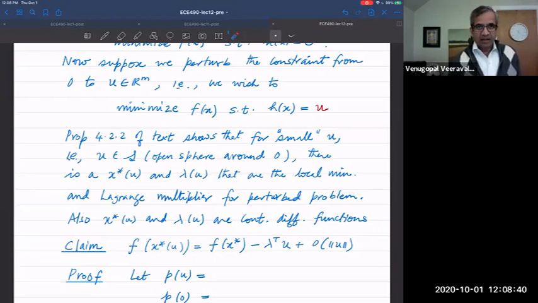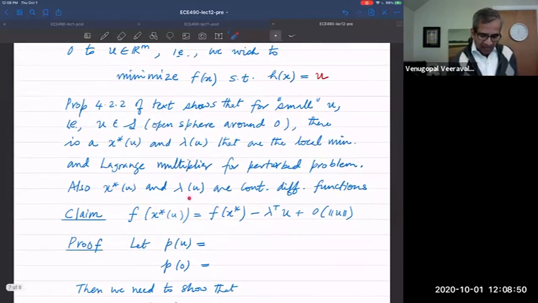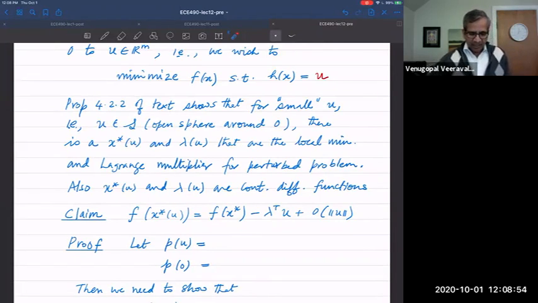So there exist Lagrange multipliers for the perturbed problem. And the important thing is that this x star and lambda are continuously differentiable functions of u. This technical lemma is proved in your textbook, and I'm not going to go over that.